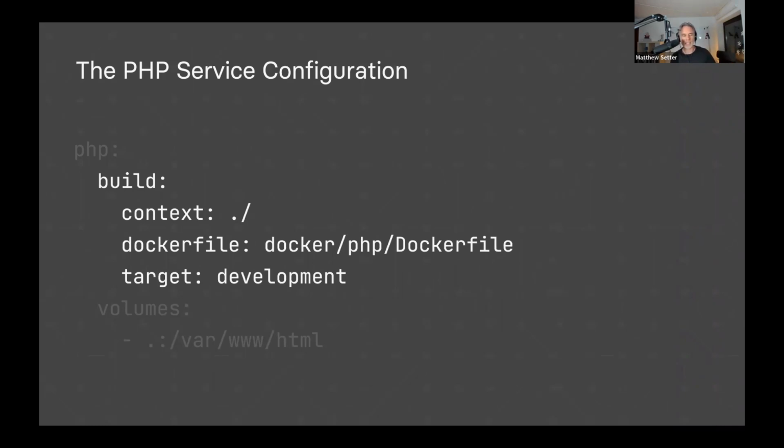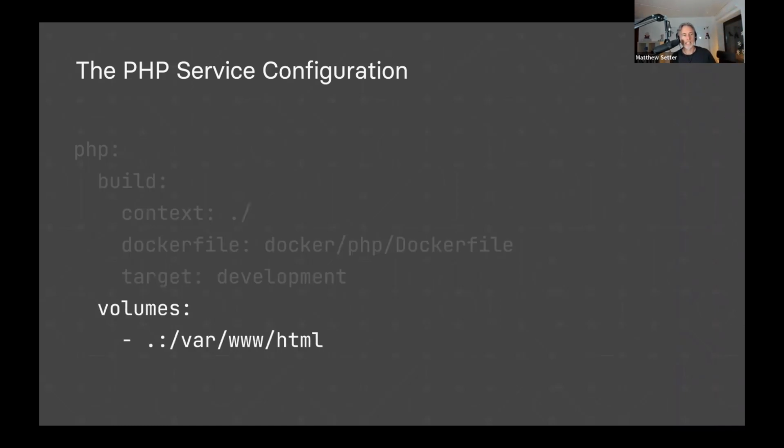If we didn't specify this, it would start at the first stage in the file and work through to the end, which isn't what's desired here. Then, as with the NGINX service, it maps the local directory on a development machine to /var/www/html in the service. www is still a bit of a mouthful.